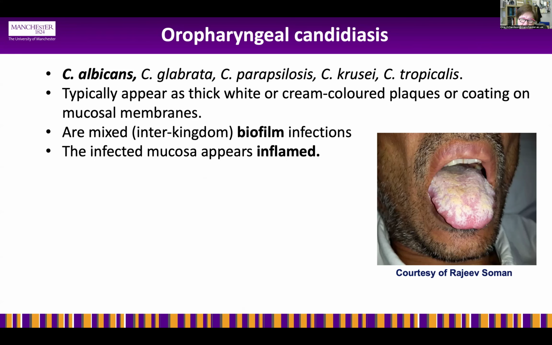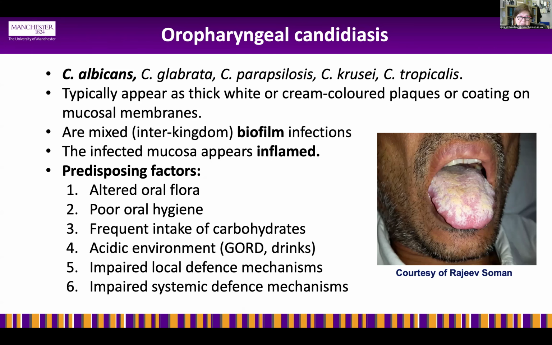It should not look happy. It should be very inflamed, red, and sore. The important thing is that the Candida hides in these settings in biofilms, which are mixed bacterial-fungal biofilms, so their management has to have a slightly different approach. We have to tackle both parts of the biofilm to get anywhere.